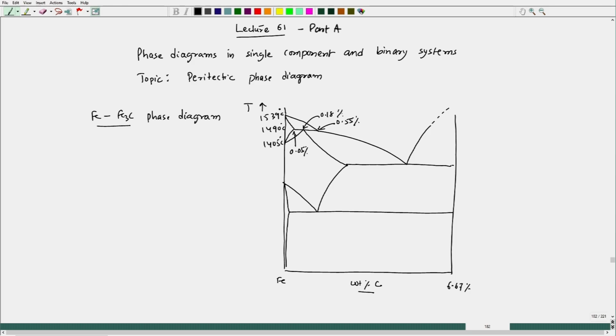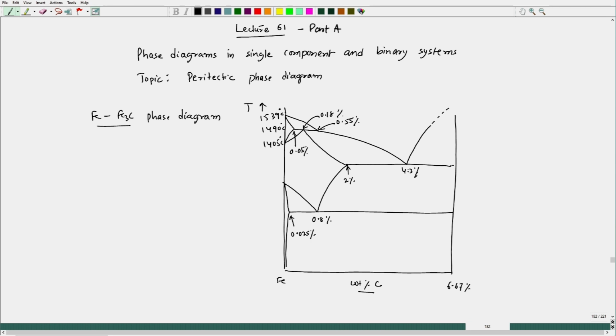These are all carbon content: this is 2%, 4.3%, this is 0.8%, this part is 0.025%.